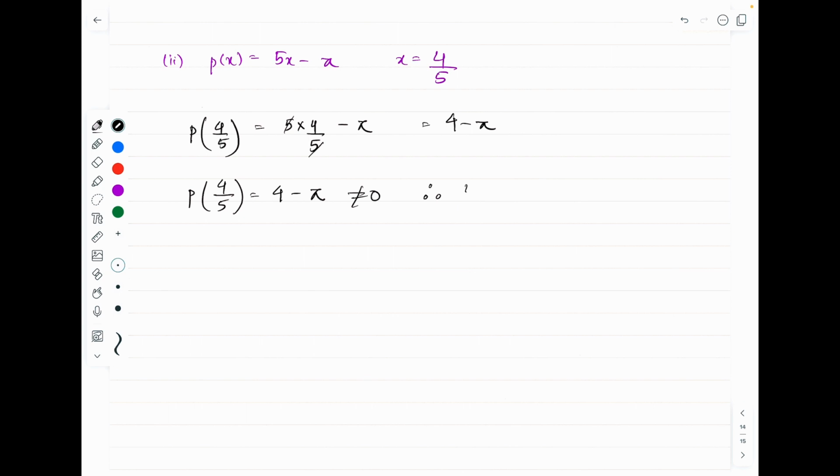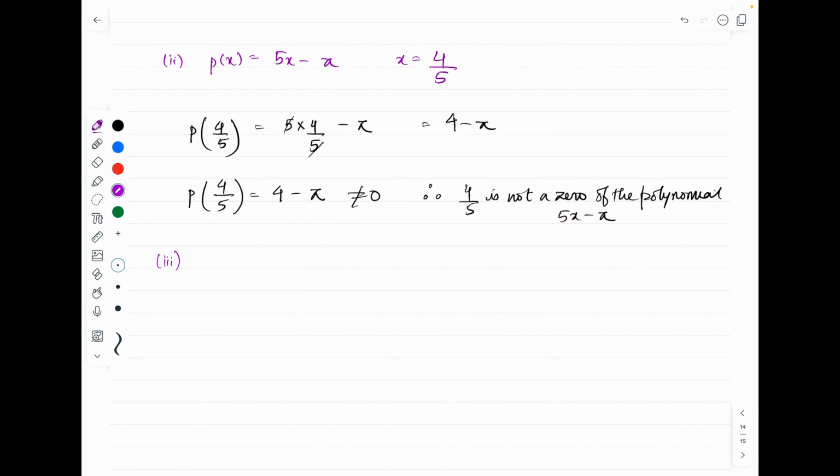Therefore, 4 by 5 is not a 0 of the polynomial 5x minus pi. You are getting it? It is not a 0 of the polynomial, because on solving by taking x as 4 by 5, we are not getting a 0.